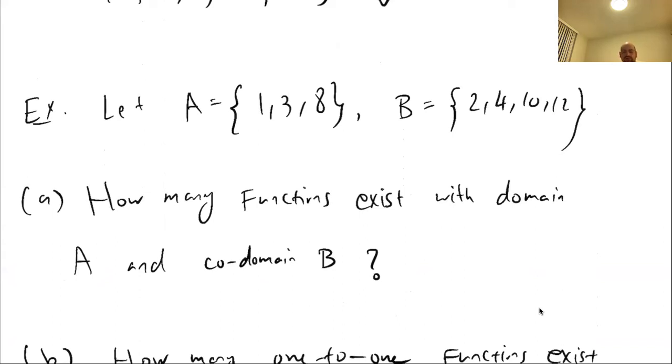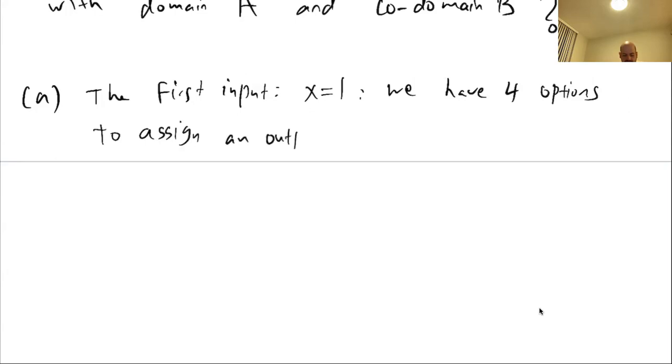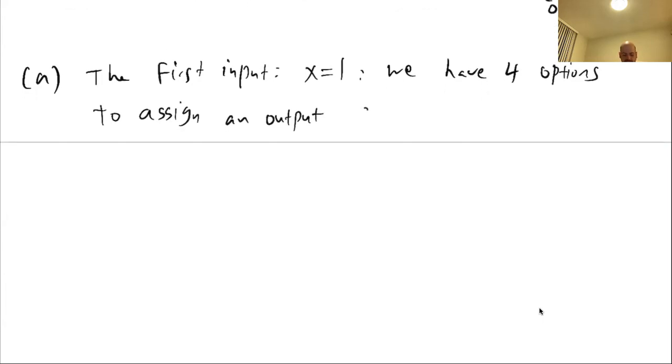Any element of B, because B is supposed to be the codomain, so the outputs are supposed to be chosen from B. So we have 4 options to assign an output to this input.